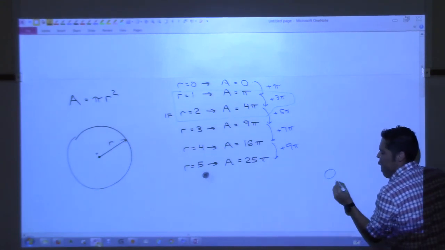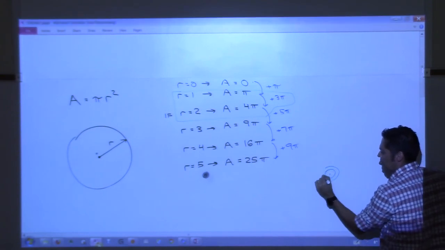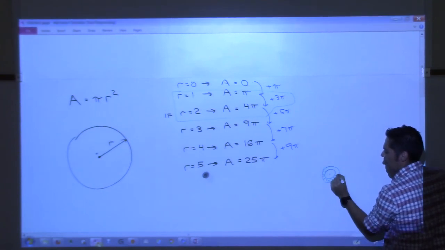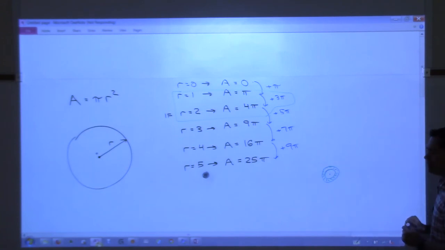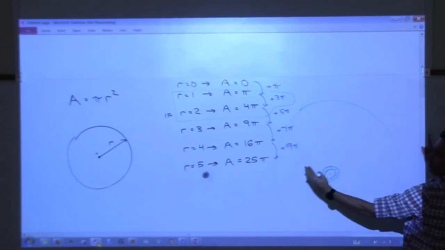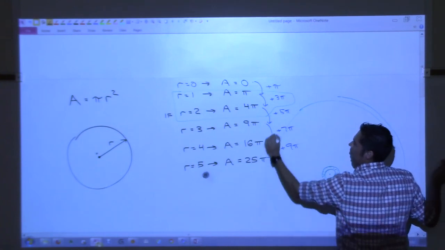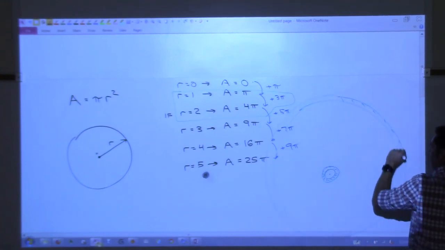So let's say this is radius 1. You increase the radius by 1. What you've done is you've added that much more area, right? But if you were to take a circle that had a huge radius to start with, and then you increased it by 1, you're adding all of this, aren't you? All of that.